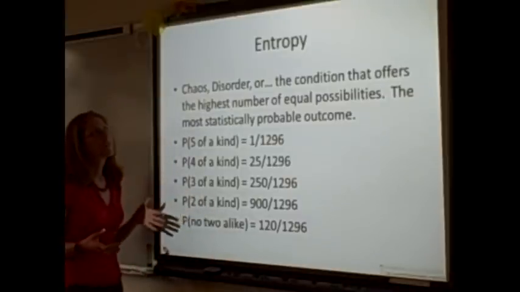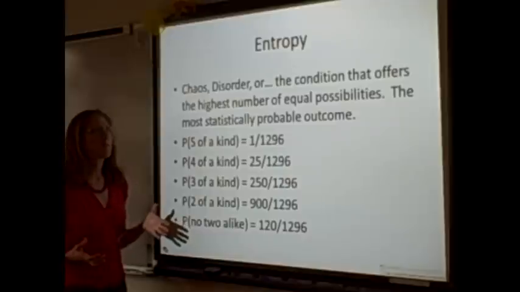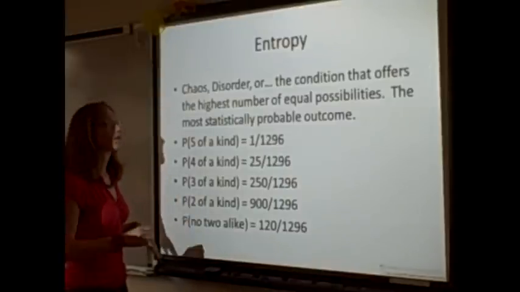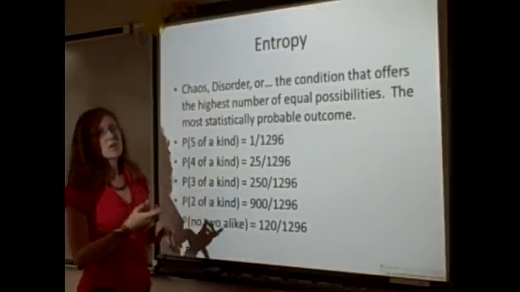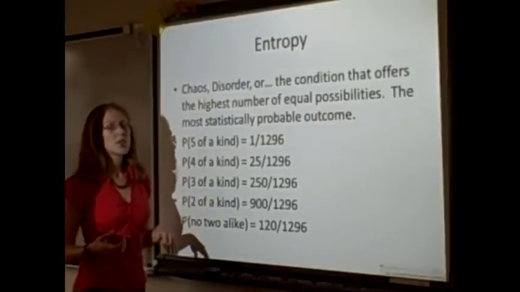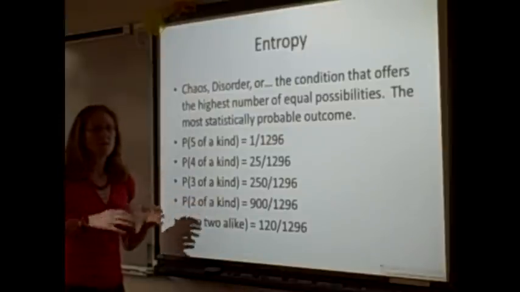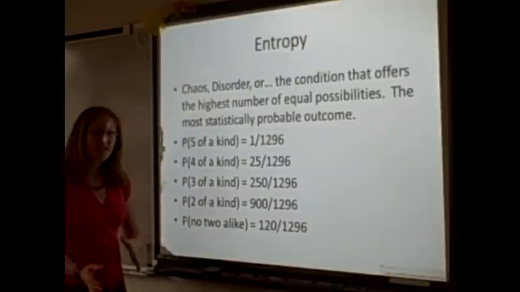It's fairly true, and it works most of the time, but the truth is high entropy is going to be the condition that offers the highest number of equal possibilities. So the particles could be arranged in all these different ways, just like your clothes on the floor can be arranged in many different ways.